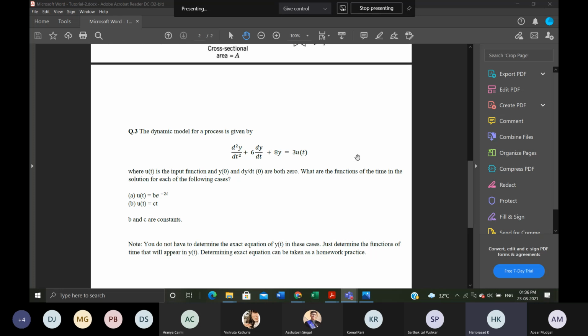So if you are given an ODE, as we have mentioned in the class, it would be much easier for us to work in the Laplace domain because ODEs become algebraic equations only in the transformed space.